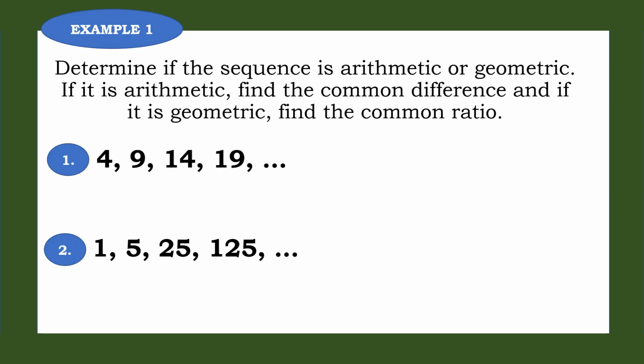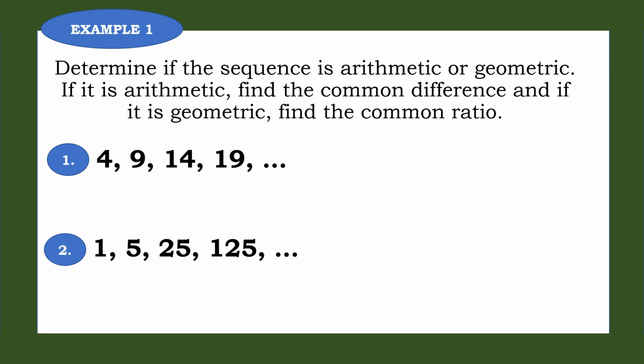Let us have the first example. Determine if the sequence is arithmetic or geometric. If it is arithmetic, find the common difference. And if it is geometric, find the common ratio. So I'll be giving you 3 seconds to do that. For number 1, we have 4, 9, 14, 19, and so on. 3, 2, 1, go.